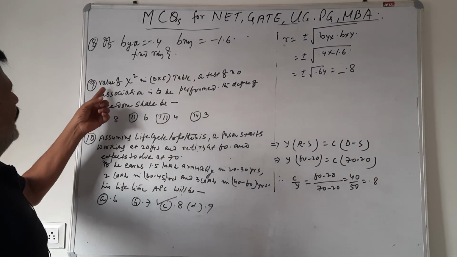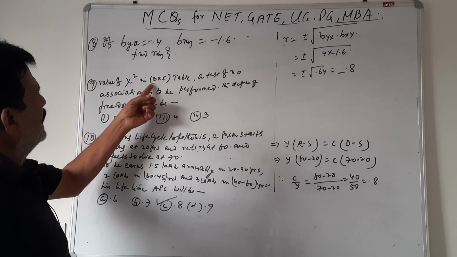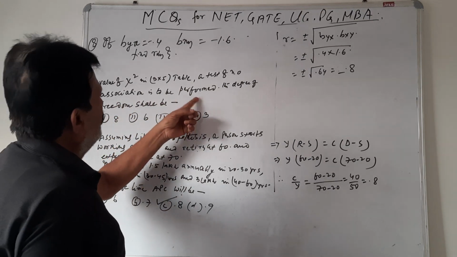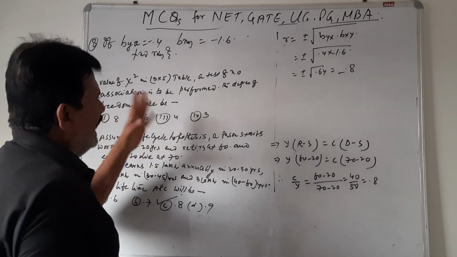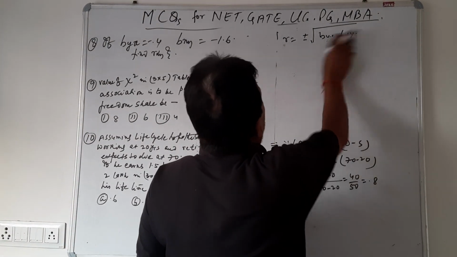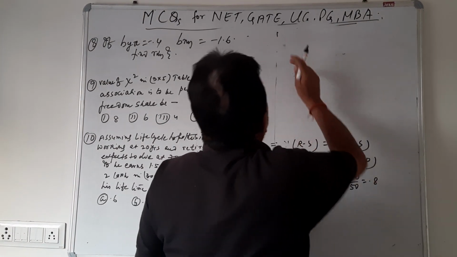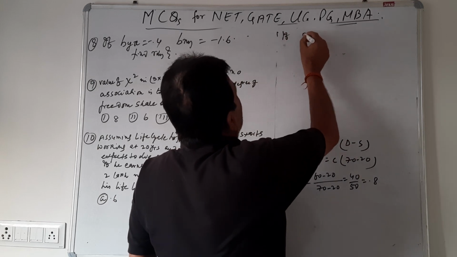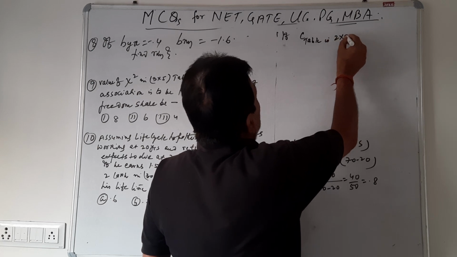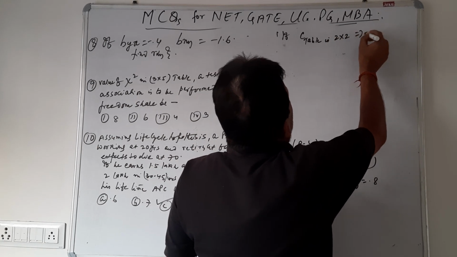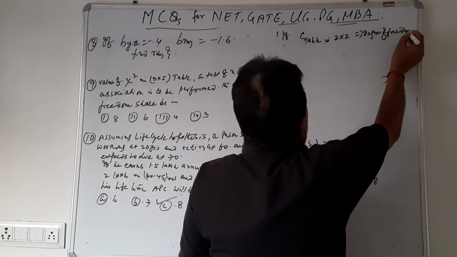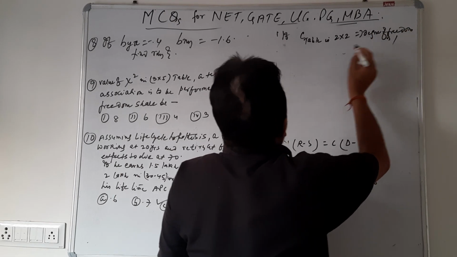Ninth sum: value of chi-square in a 3 into 5 contingency table. A test of no association is to be performed. The degree of freedom shall be. Here, one thing has to be remembered: if the contingency table is 2 by 2, then the degree of freedom is 1.